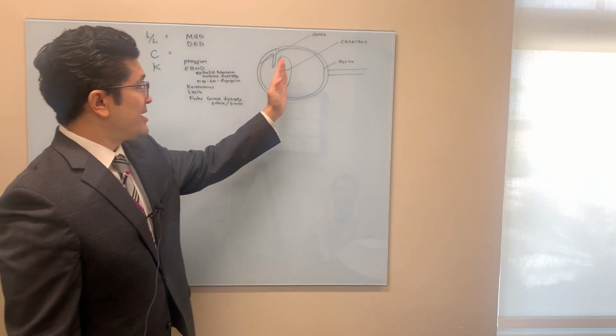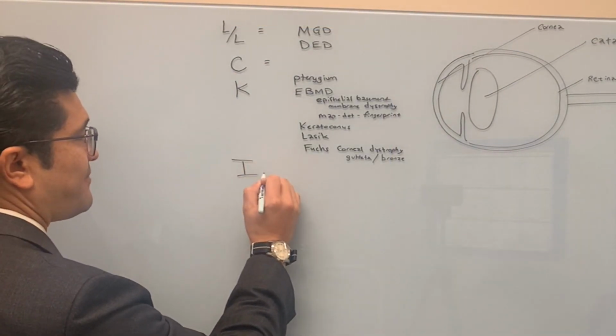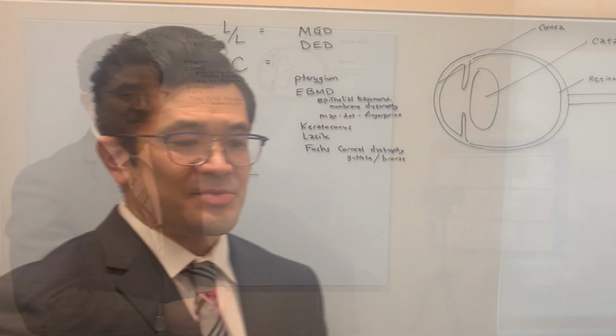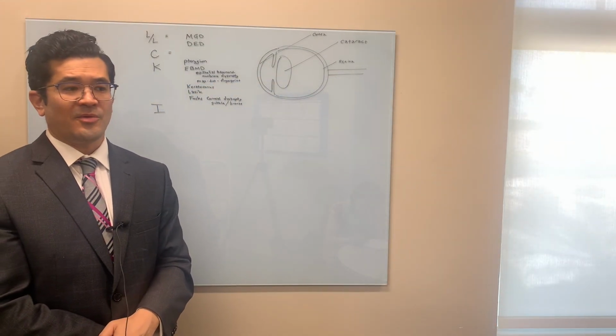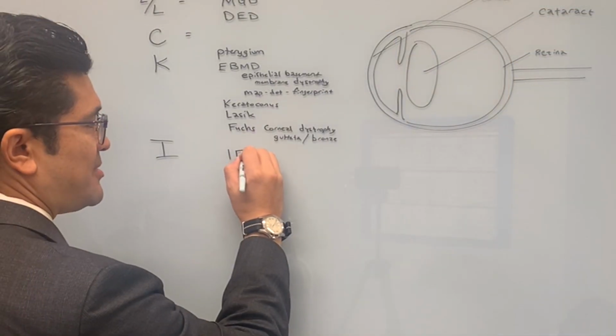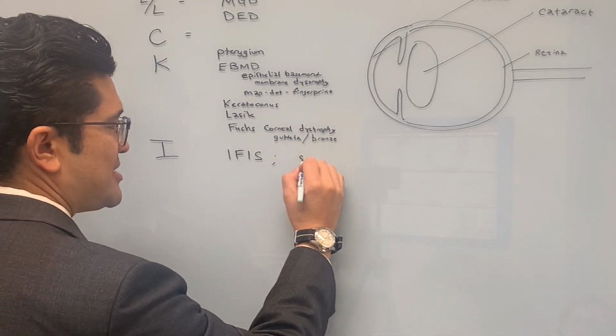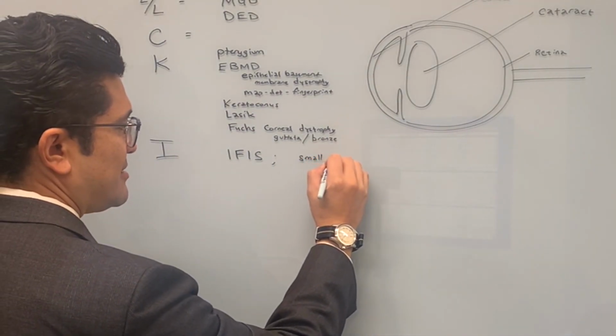As we work deeper in, we're going to look at the iris. On the iris, we want to look for features of floppy iris, or intraoperative floppy iris syndrome. We're going to look for a smaller pupil dilation.